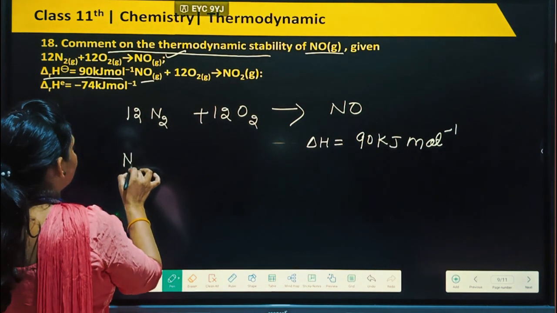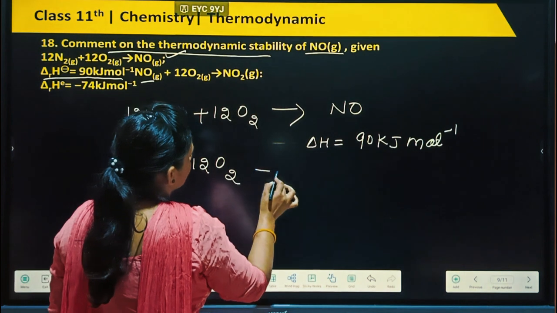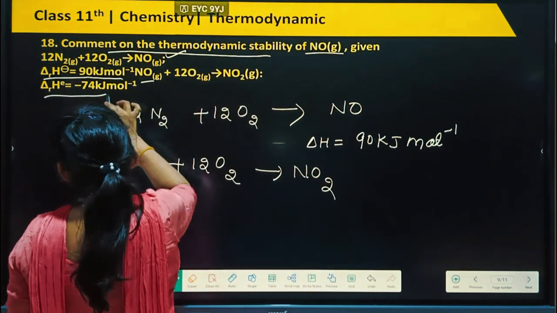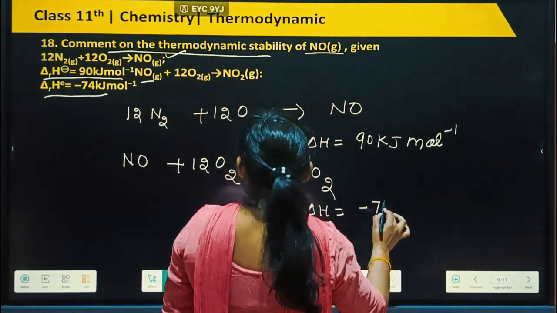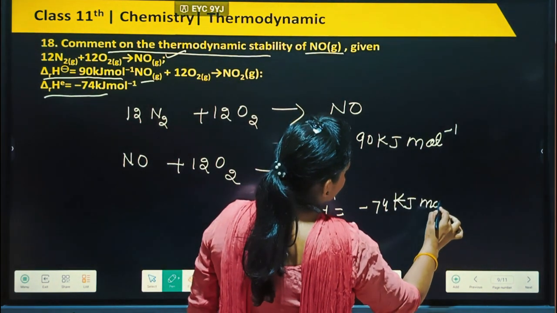The second equation is NO plus half O2 giving NO2, and here del H is equal to minus 74 kilojoule per mole.